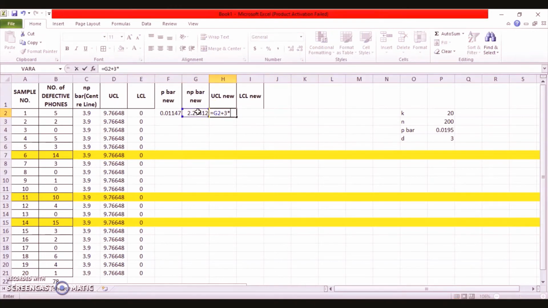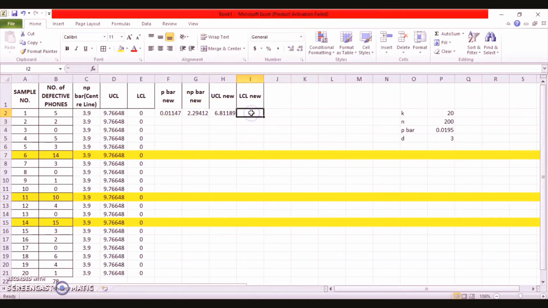plus 3 times the square root of np bar into 1 minus p bar new value. You have to do that very carefully, don't miss it.